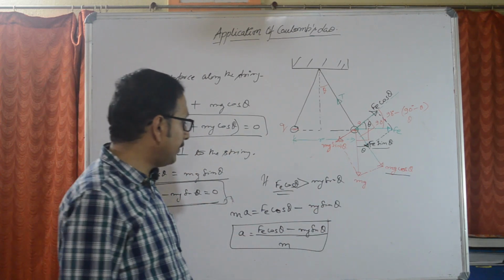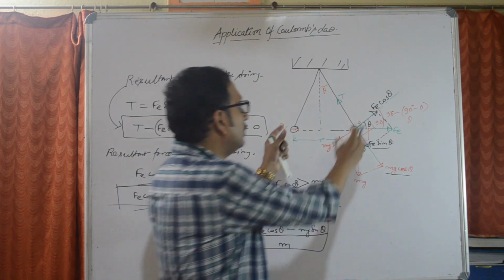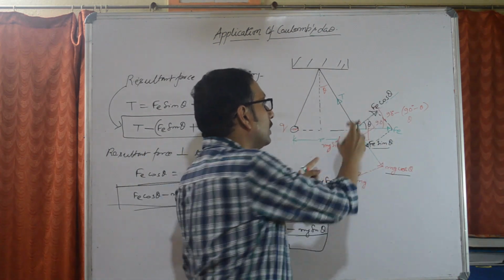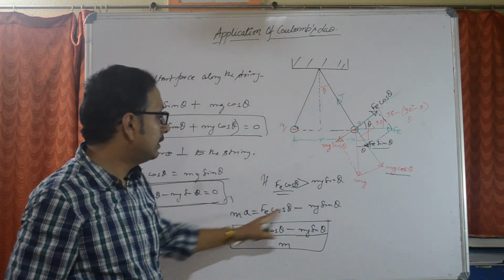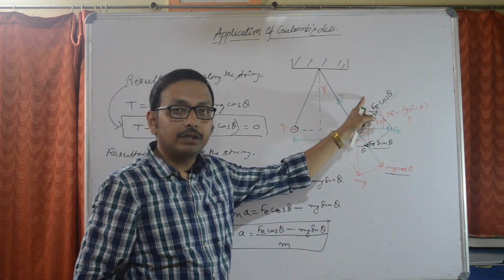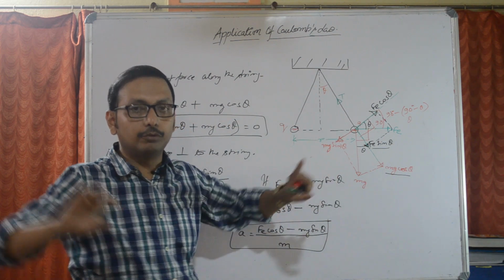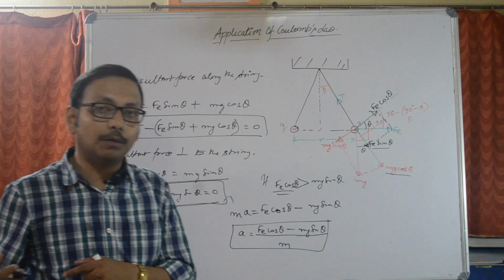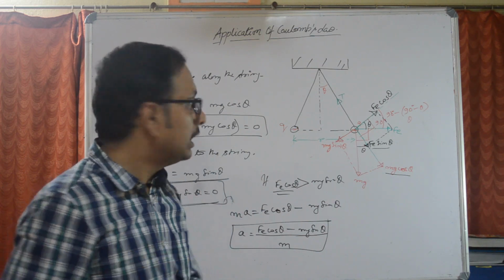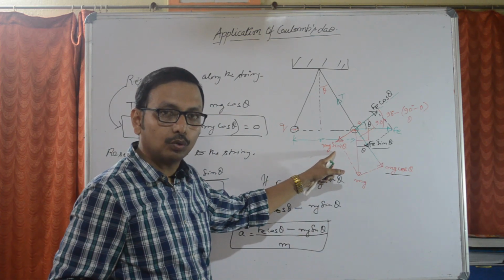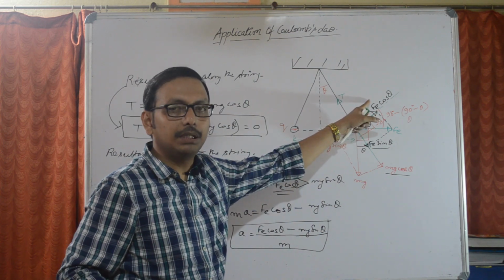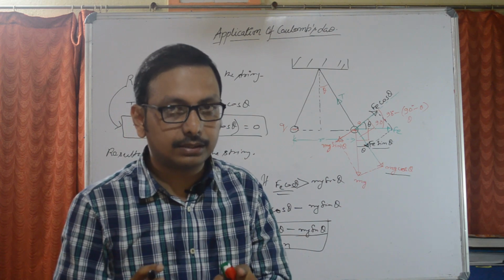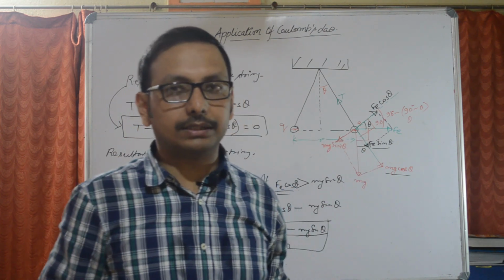Now here we have thought that this particle is moving away. That means Fe cos theta is more than mg sin theta. I am repeating again, Fe cos theta is overcoming the force of mg sin theta and moving away. Think in a different way. If it is just the reverse, that mg sin theta is more than Fe cos theta, meaning the electrostatic force between the charged particles is less, that means repulsion is less.